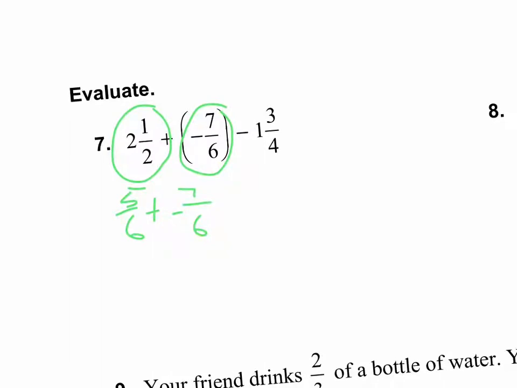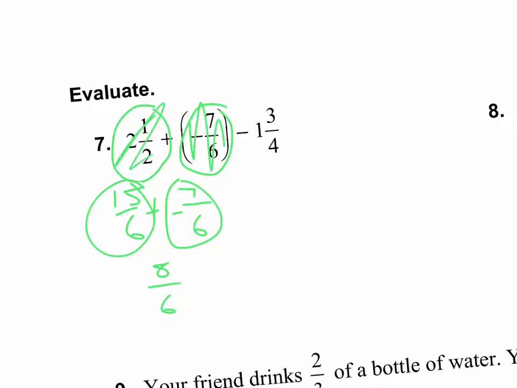And then if I times the bottom by 3, I have to times the top by 3. So 3 times 5 is 15. And then we circle terms, 15, negative 7, over 6. We end up with 8 over 6. And it's positive because 15 over 6 is bigger. Okay, and then we're going to keep going. So we did all these so far. And now we have that minus 1 3/4.